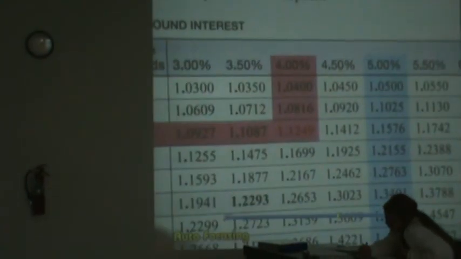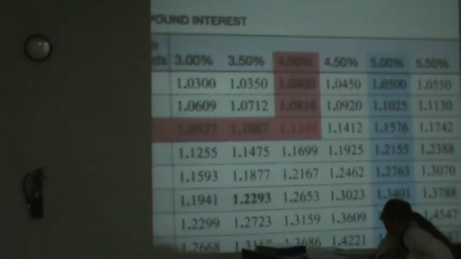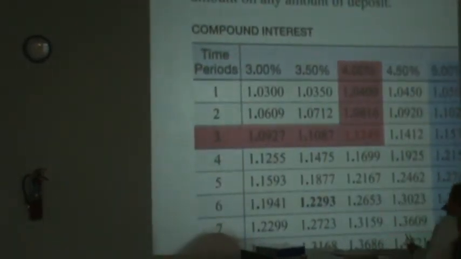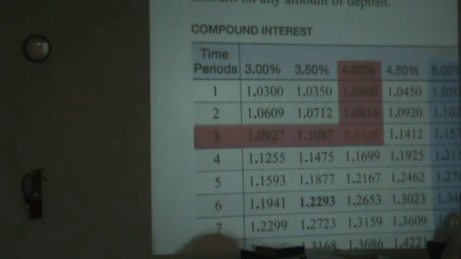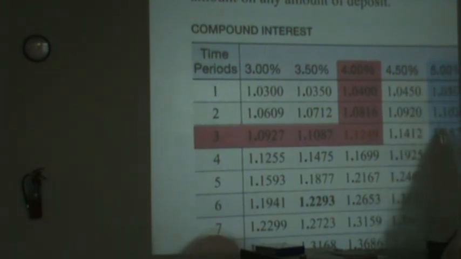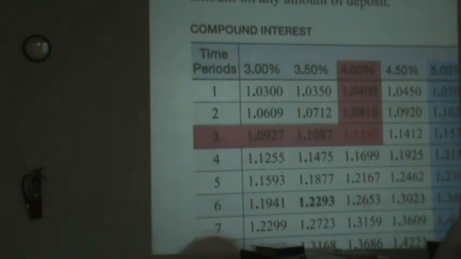Look at our table. 5%, 6 years. Let me zoom in on that. 5% for 6 years, 1.3401. It already multiplied all of those. This multiplied 1.05 one time, 2 times, 3 times, 4 times, like that for you.